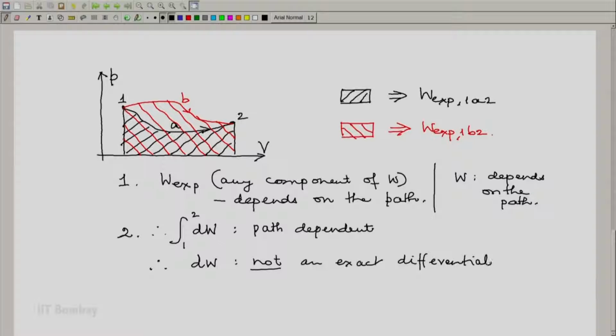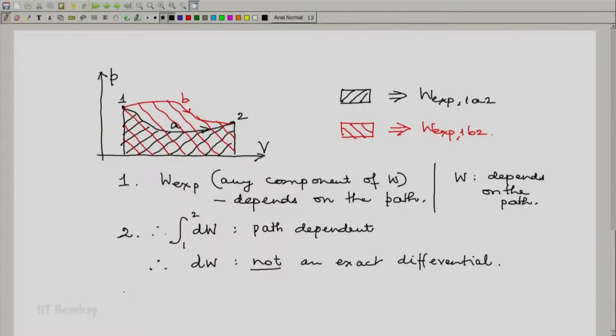In calculus, an exact differential is a differential of something like dx or dy, which, when integrated, is independent of the path. If it is dependent on the path, it is not an exact differential. And because of this, you will find in some textbooks this dW, to indicate that it is not an exact differential, is represented as d cross W or d prime.